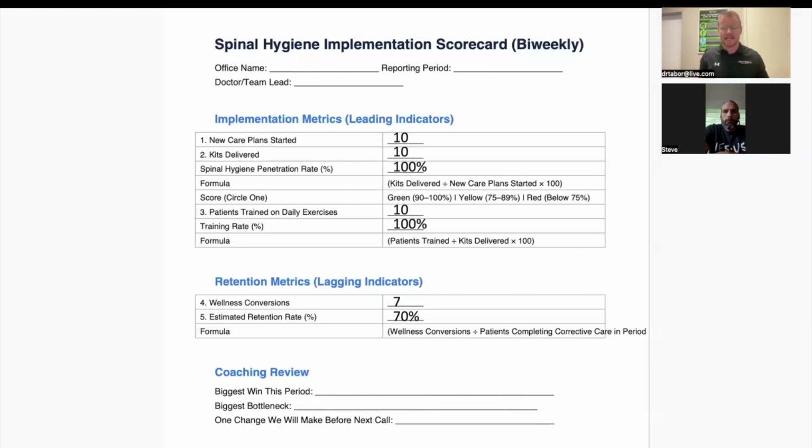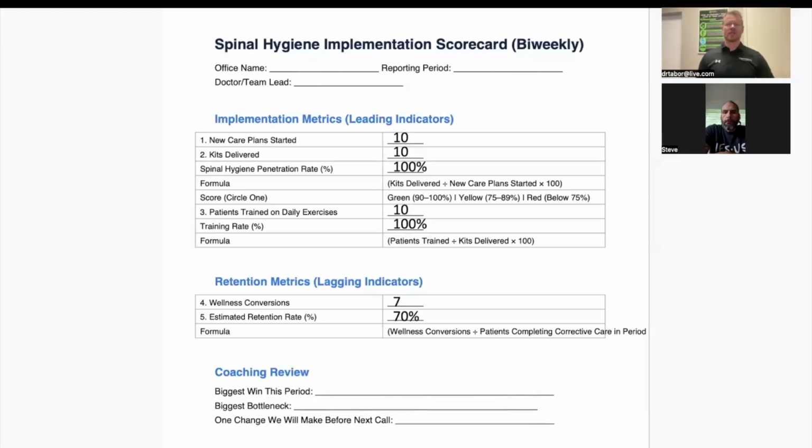Every patient that gets a kit and understands spinal hygiene is more likely to complete a corrective care plan, right? So we just write down how many wellness conversions we got over those same 2 weeks, and that gives us our estimated retention rate. That means if we converted 7 patients to wellness, our estimated retention rate is 70%. That is a practice that would grow like crazy.